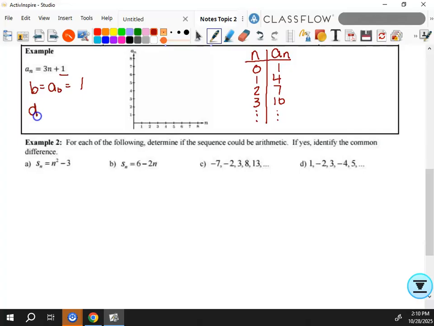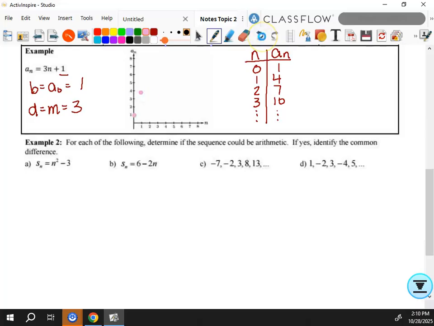And then your common difference, which represents your slope, is what? 3. Okay. So if we plot this, whether we plot it from the function or my little table, my y-intercept is 1, and then I can count the slope, but I also have this, so I can go to 1, 4.